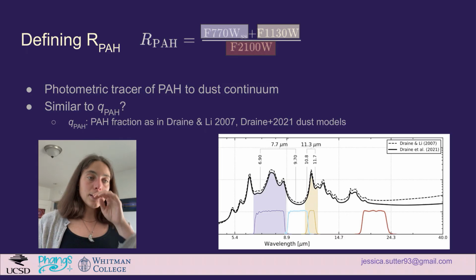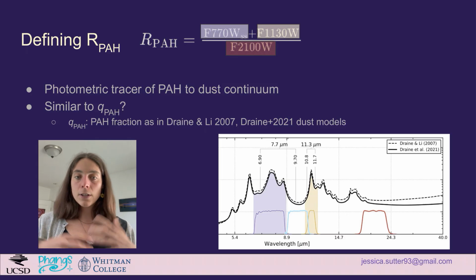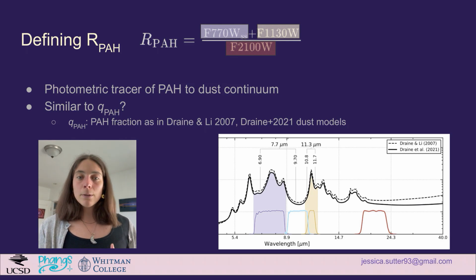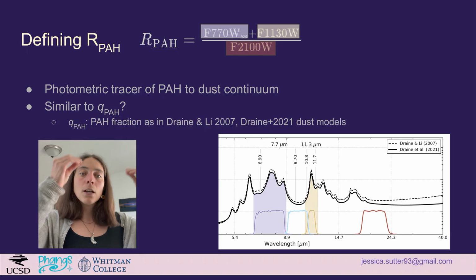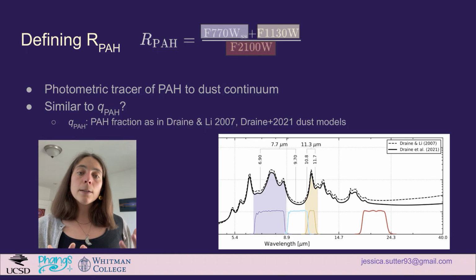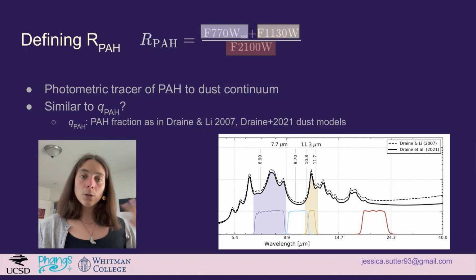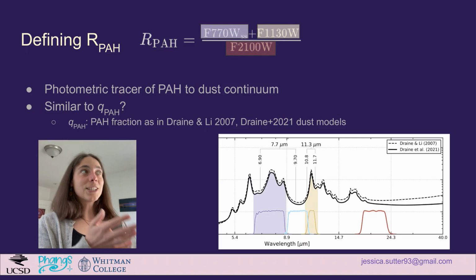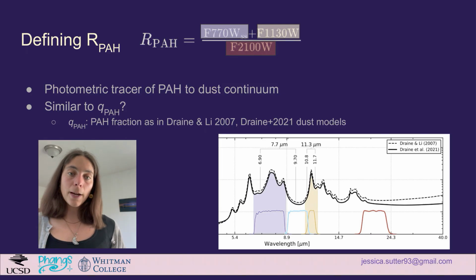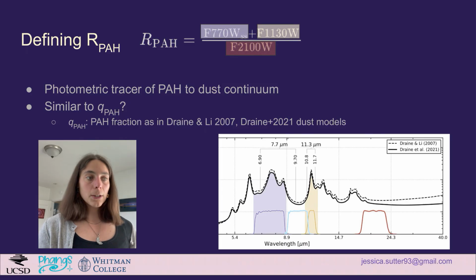And then the reddish brown is our dust continuum band, the F2100W. So essentially what we've got with our R_PAH is PAH emission normalized by dust continuum emission. We're hoping that this is similar to the q_PAH value that I showed earlier, a value that gives us a fraction of the dust that is in the form of PAHs and is based on one of the parameters from the Draine et al. dust models.